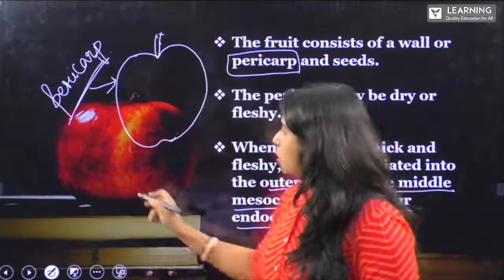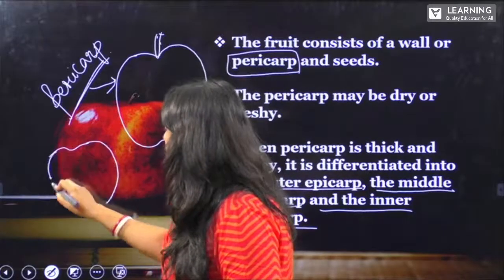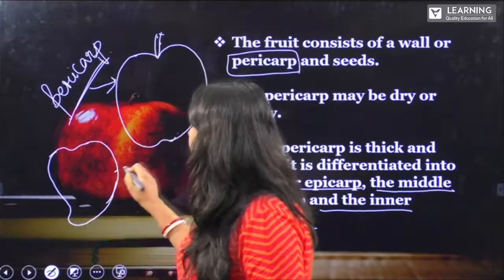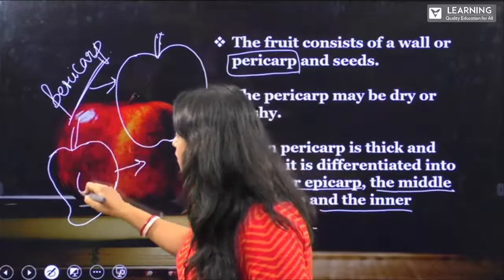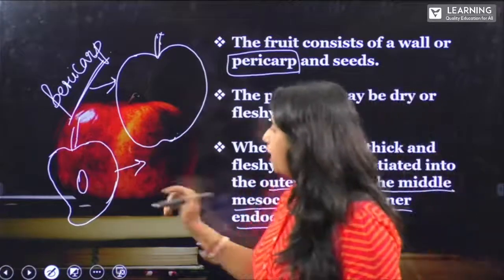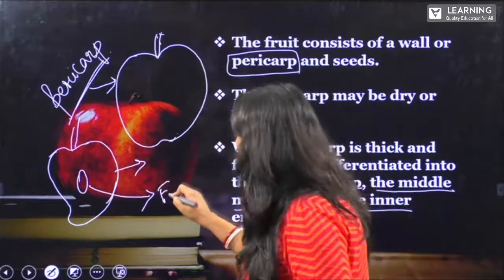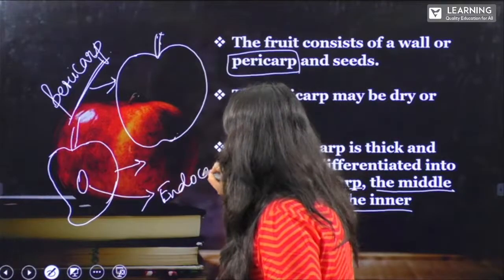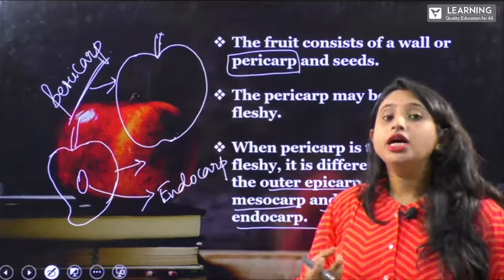So in case of your mango, if this is a mango, inside the mango there will be a seed, right? The hard part, that covers your seed, we call it your endocarp. So the pericarp is divided into three parts.